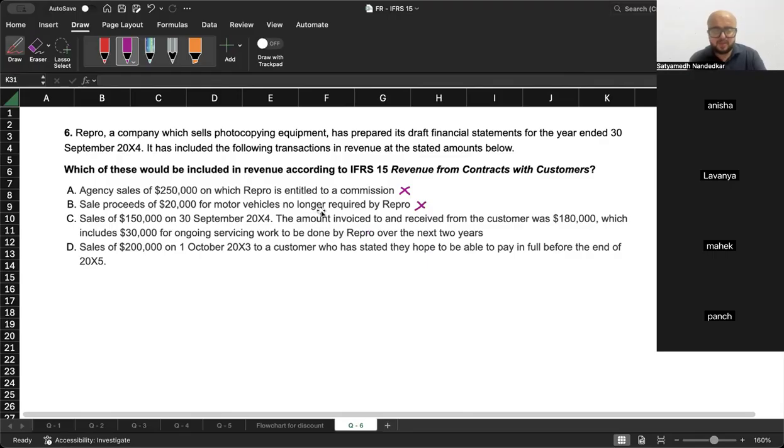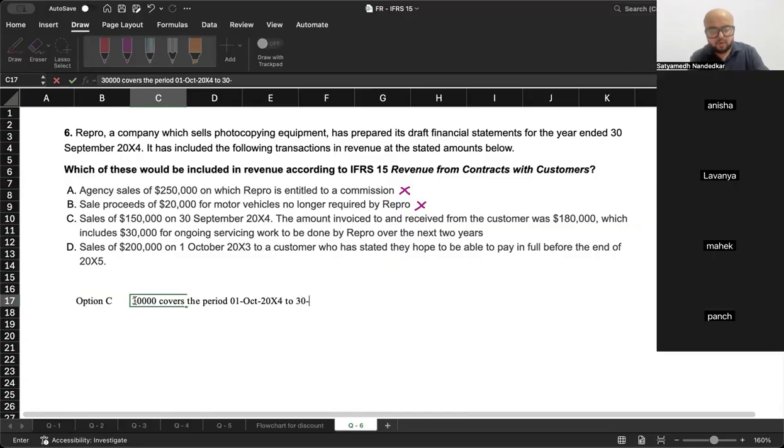So this 30,000, basically in option C, covers the period 1st of October 2004 to 30th September 2006. See, the sale was done on 30th September 2004.